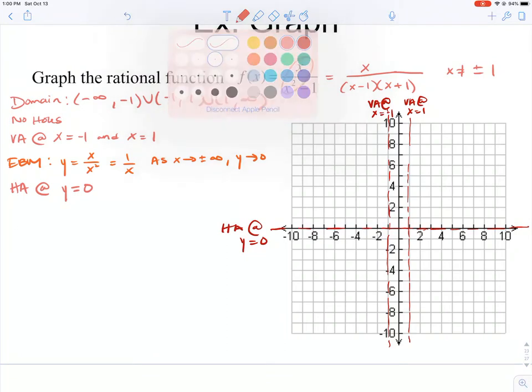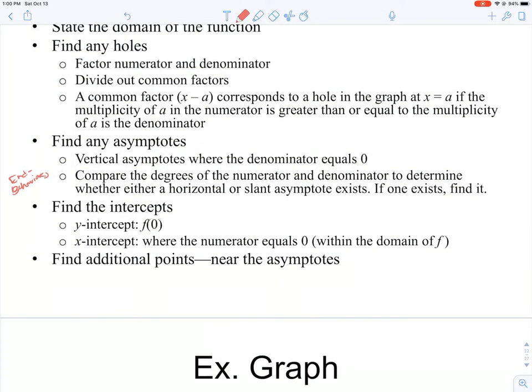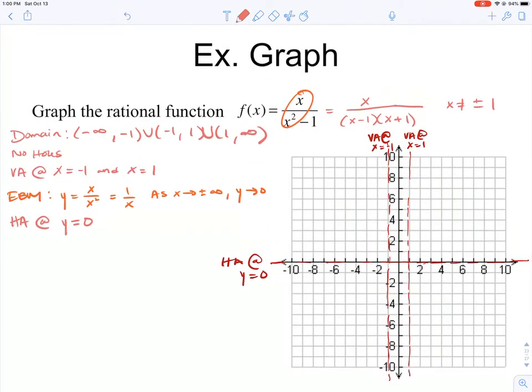Okay, so I believe intercepts are next. Should have used more contrasting colors. Yeah, so let's find our y-intercept. Our y-intercept and our x-intercept, it looks like, are both 0, 0.